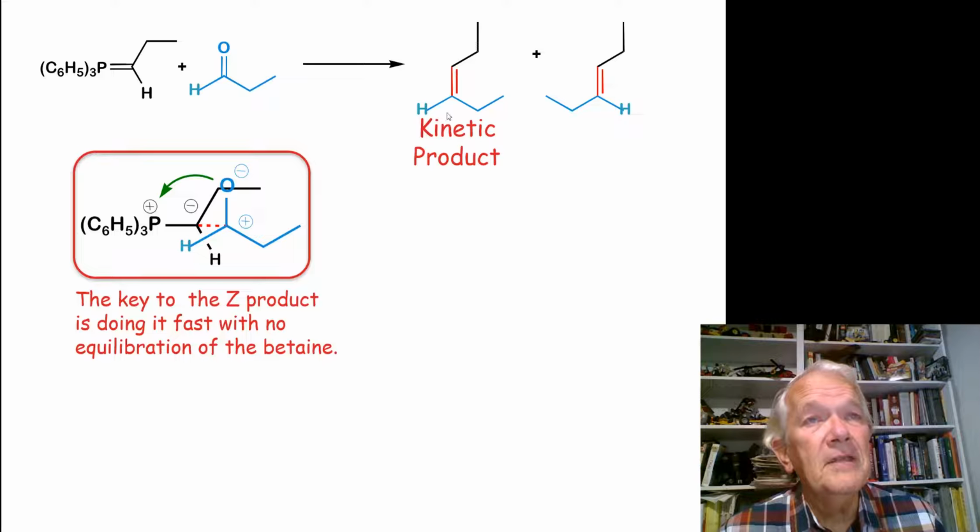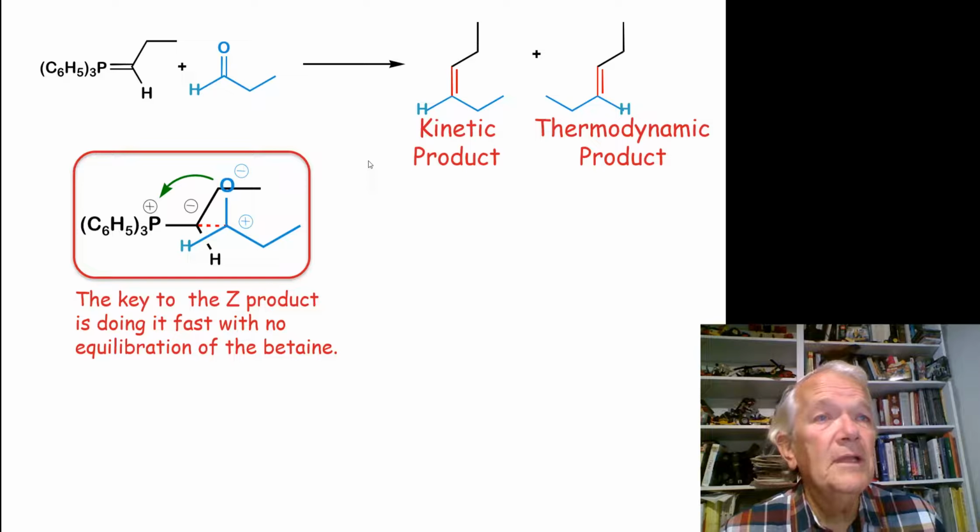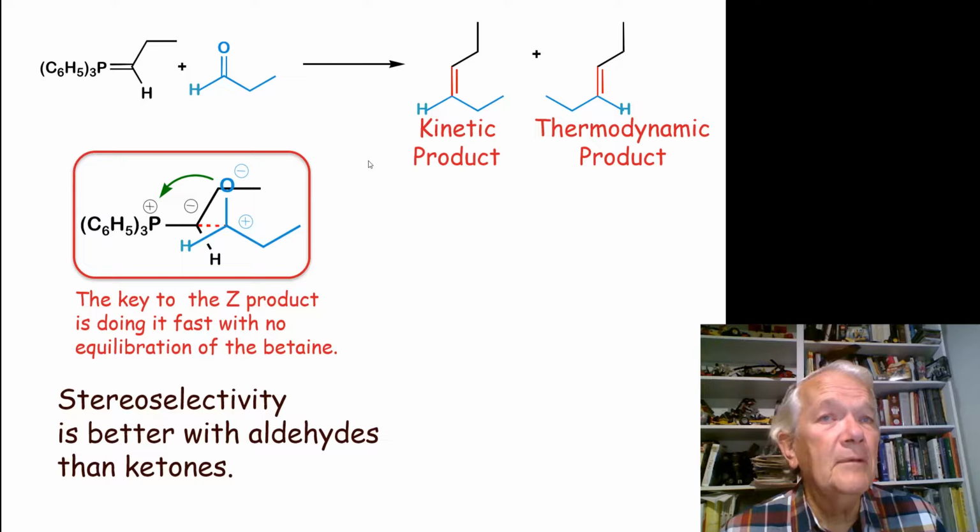So it's definitely a kinetic phenomenon that we're looking at. The thermodynamic product is something that you might like to have, and we'll see in a second how to get that.